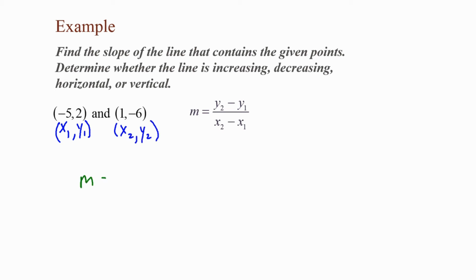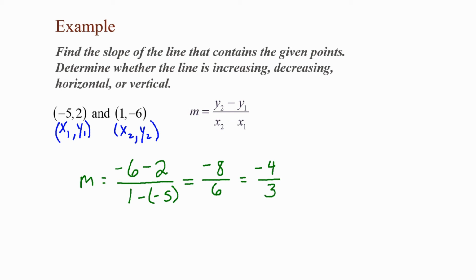So m equals -6 minus 2 over 1 minus a -5. -6 minus 2 is -8, and 1 plus 5 is 6. Then we reduce, we get -4 over 3. So since our slope is negative, our line is decreasing.